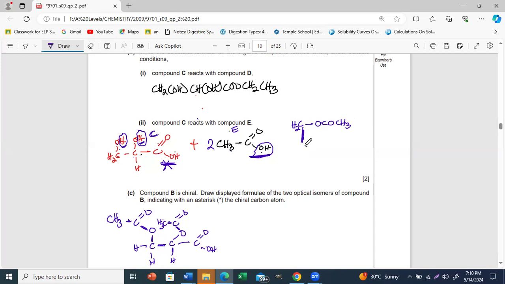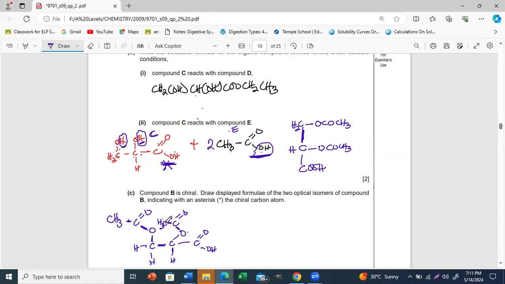Take note: CH, with O here, then COCH3, or you can say COO, COCH3. Lastly it is connected to this COOH. So this is the answer to the question.